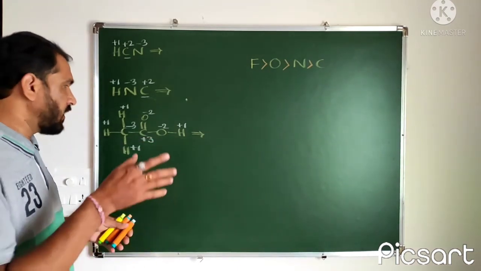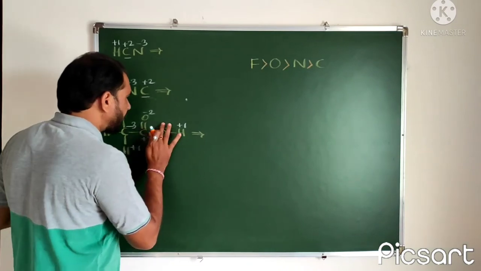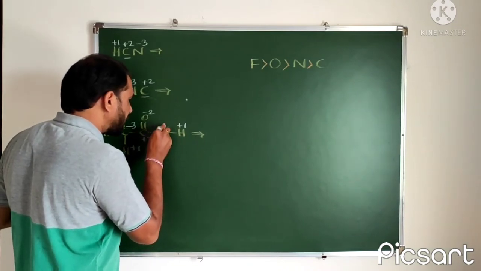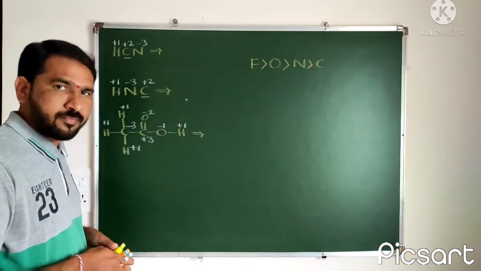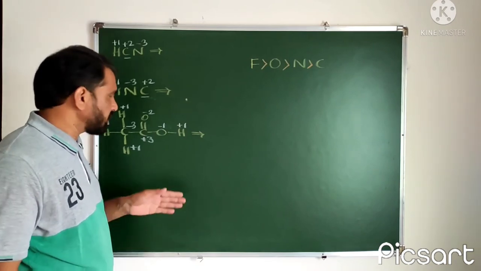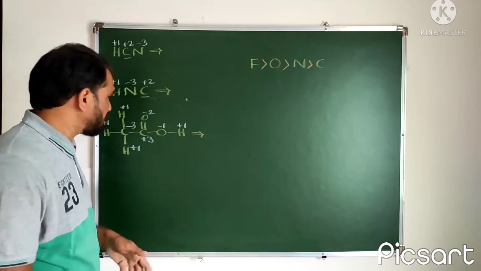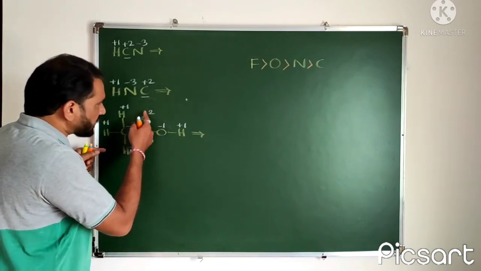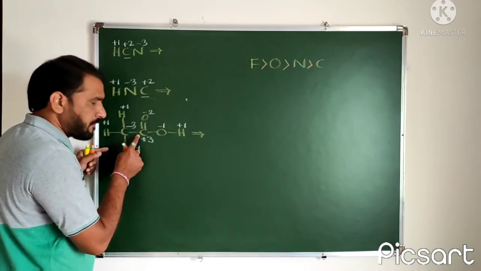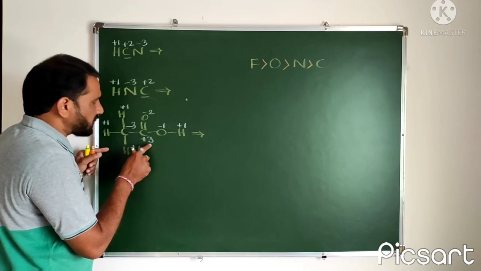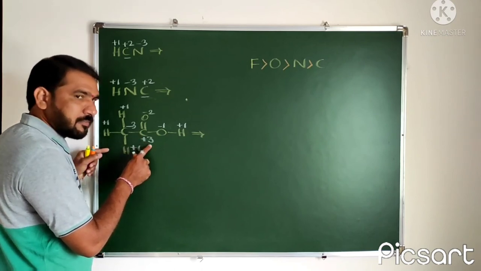Is it clear? Or else you can write -1 here, no issue, because 1 minus was already deducted by the hydrogen H+. So the total number of negative charges around this carbon is equal to its positive charge, +3.